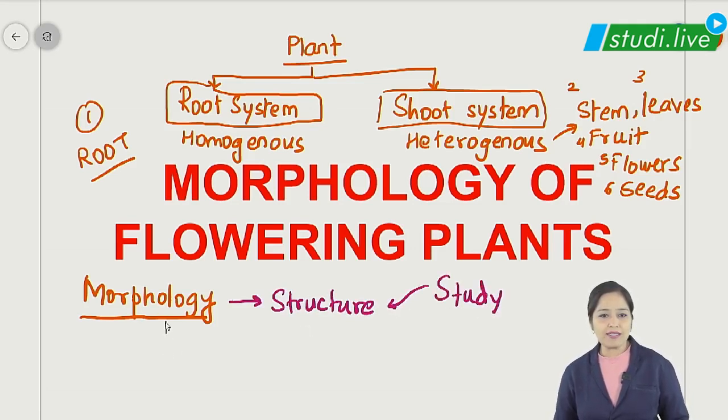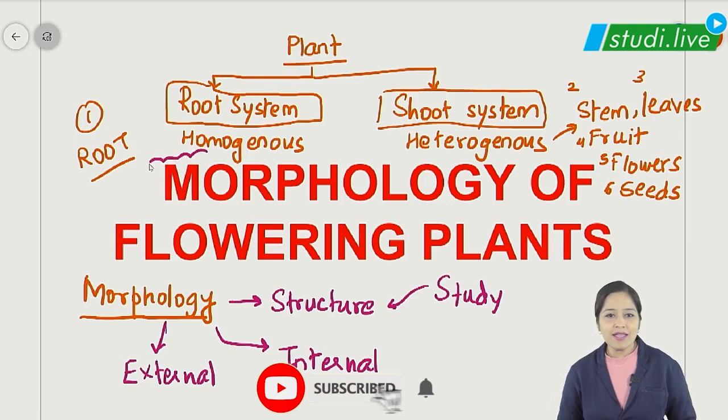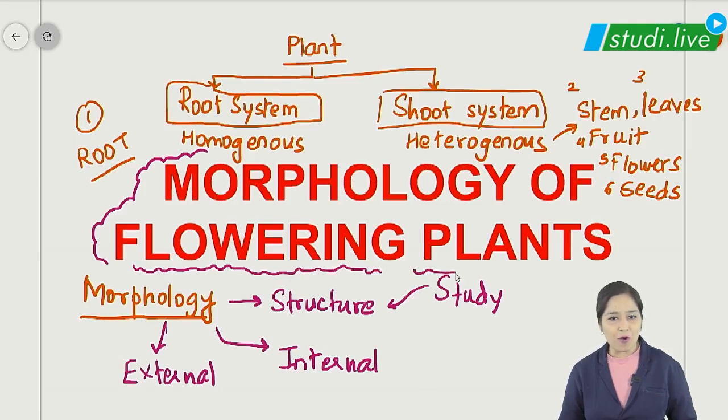It can be external morphology when we are studying the external structure, and it is going to be internal morphology when we are studying the internal structure. So this is all what we have to study in this chapter on morphology of flowering plants. So this is what our topic is all about. So let's begin our chapter and see all these topics in detail.